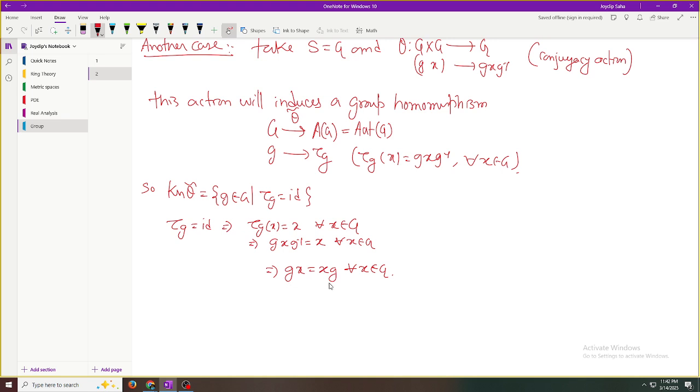Those g such that gx equals xg for all x. This is the center, right? So I can write that G quotient Z(G) is a subgroup of Aut G, by the first isomorphism theorem.